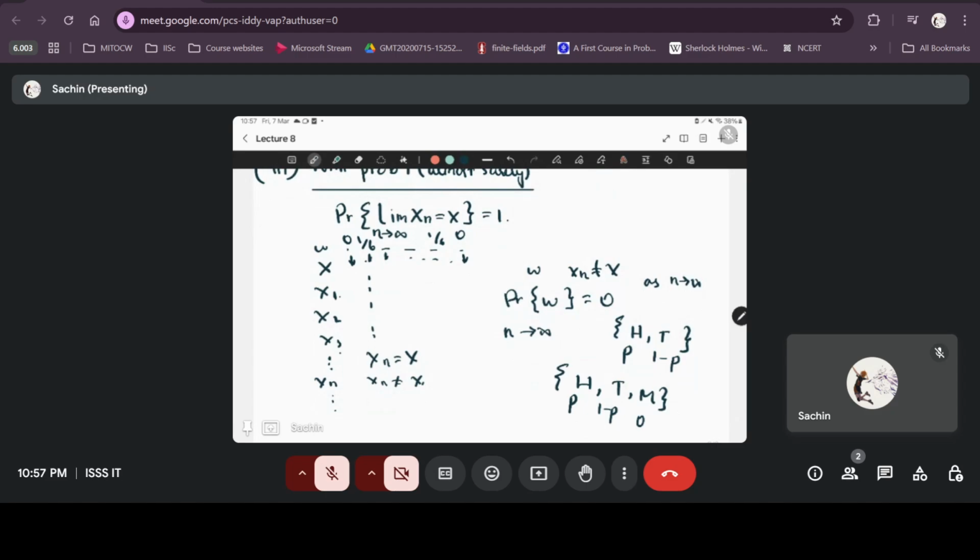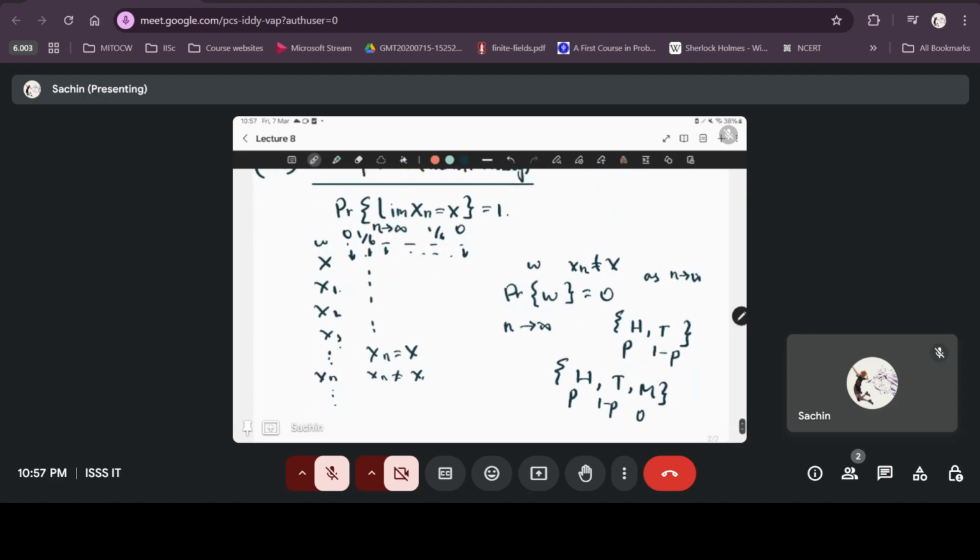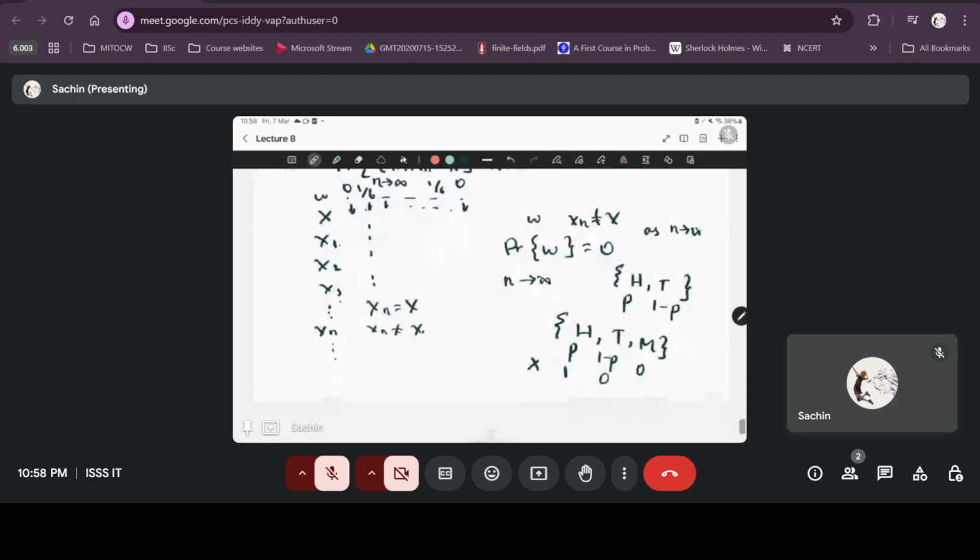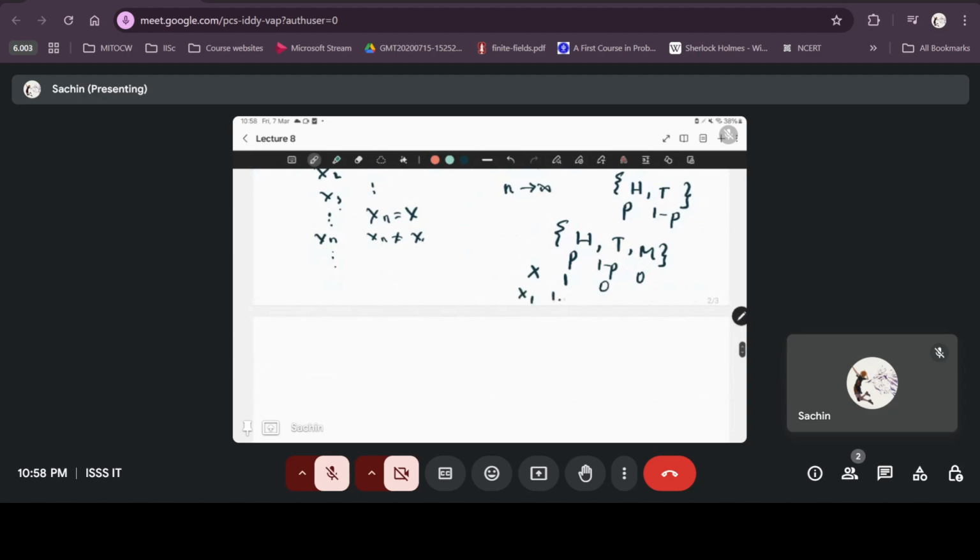So in such a scenario, what we are saying is, since M occurs with zero probability, for x1, x2, etc., maybe x takes the value 1 for heads and 0 for tails, but x1 takes the value 1.1 and 0.1, x2 takes the value 1.01, 0.01, and for the outcome M, x takes the value 0.